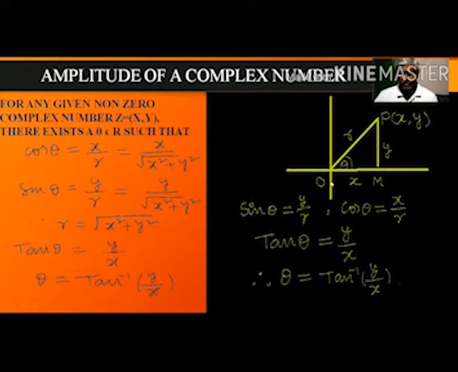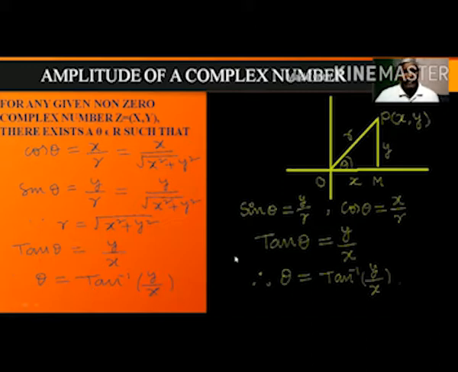From Pythagoras, the hypotenuse will be under root side square plus side square. So this r value, under root x square plus y square, is nothing but the modulus of a complex number, but here it is the hypotenuse. So tan theta is sin theta by cos theta, so it will be y by x, and from this theta is equal to tan inverse y by x.